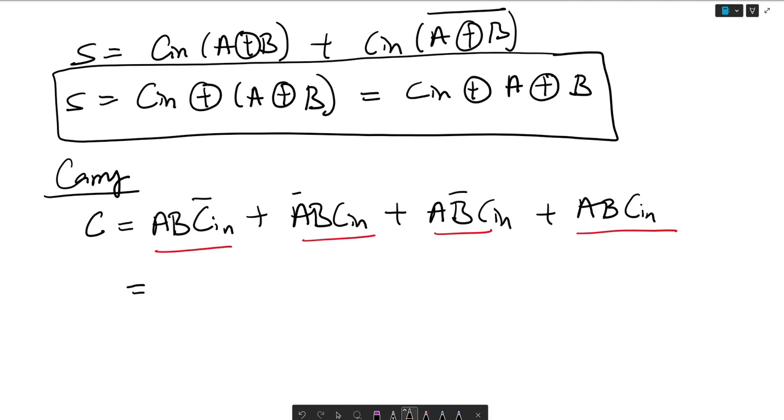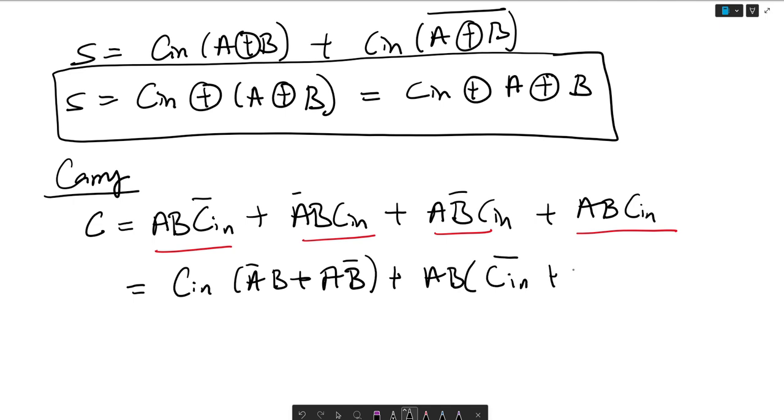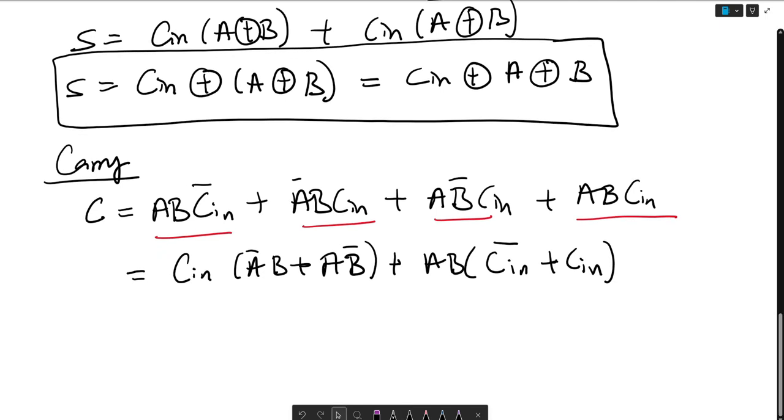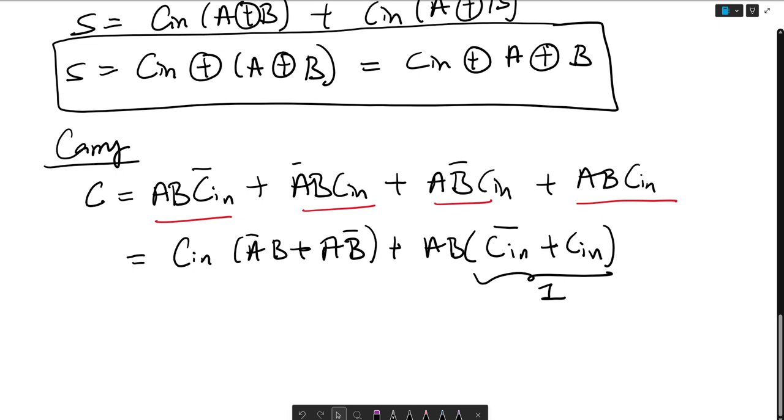And we can simplify now and say Cin (A NOT B plus A B NOT) plus AB (Cin NOT plus Cin). Cin NOT plus Cin is equal to 1, right?